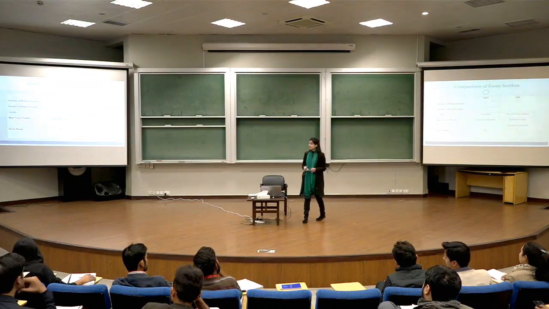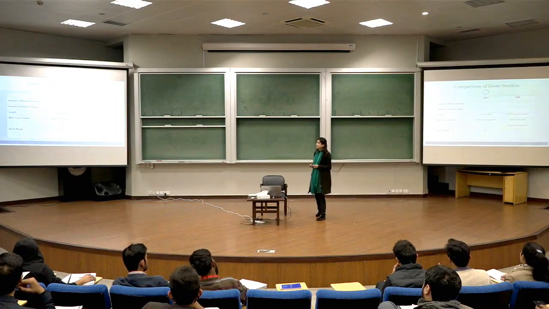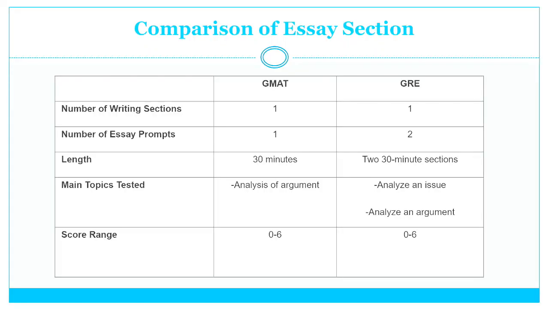So this is a comparison of the essay section of the GMAT and GRE. Number of writing sections: for GMAT, we have just one section, where you have to analyze an argument. And for GRE, you have one section as well. However, for the number of essay prompts, in GMAT you just have one prompt, the argument prompt, for which you have to analyze an argument.